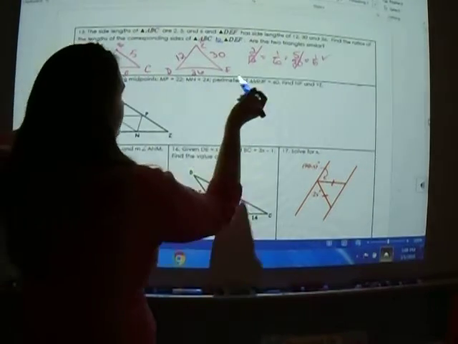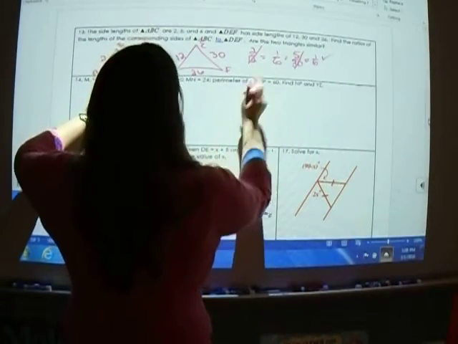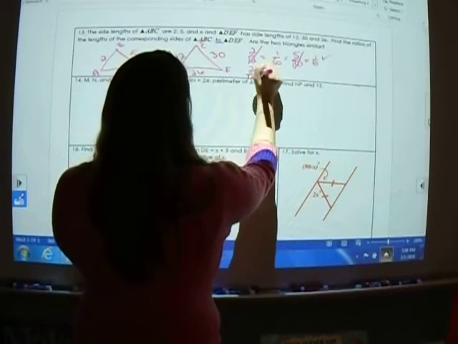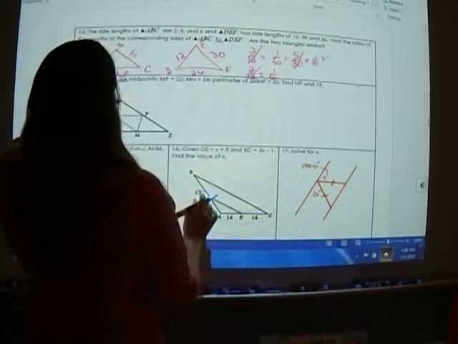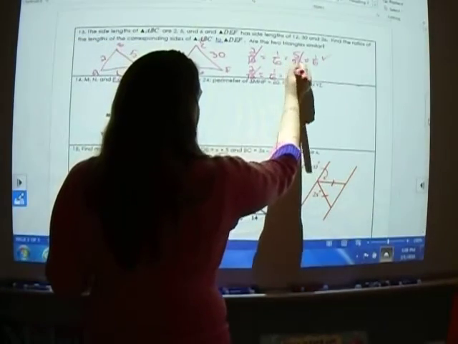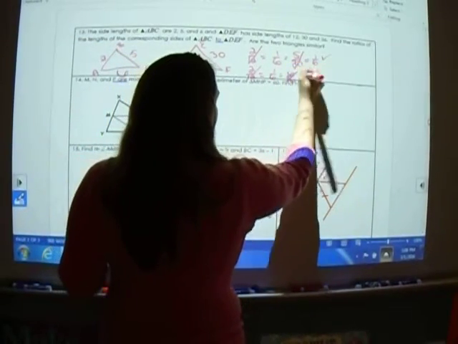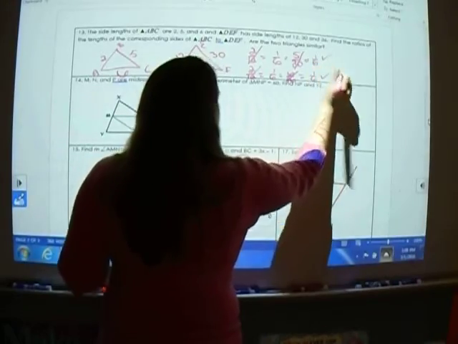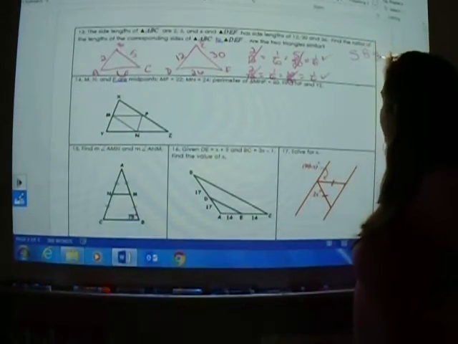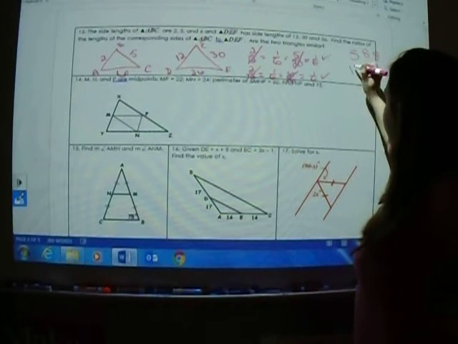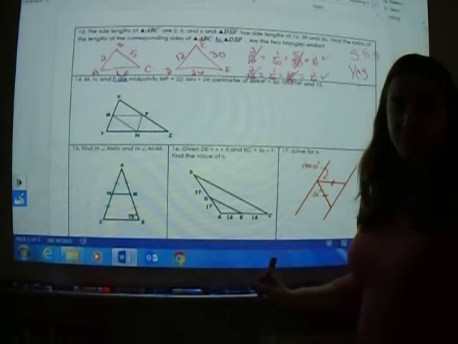So now let's do, once again, 2 over 12, which equals 1 over 6, and 6 over 36, which also simplifies to 1 over 6, check. So this uses the side postulate, and yes, they are similar, okay?